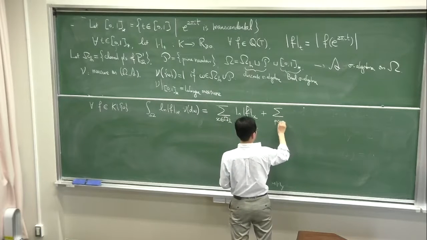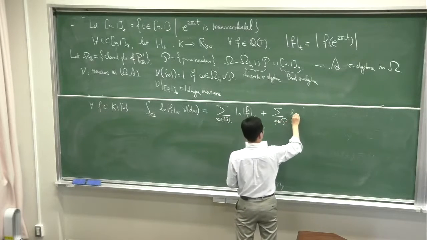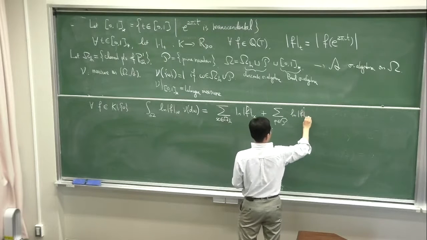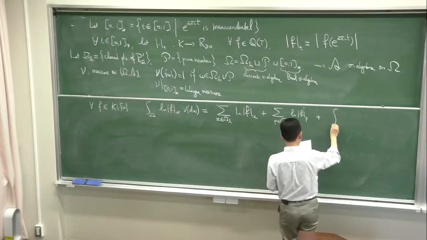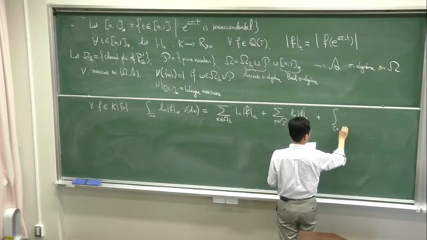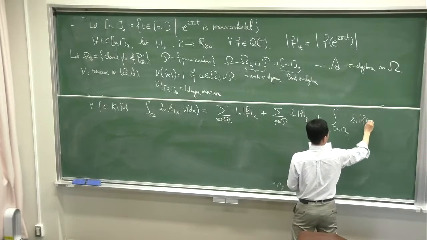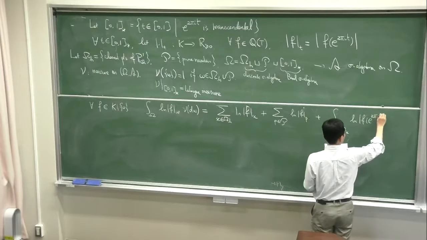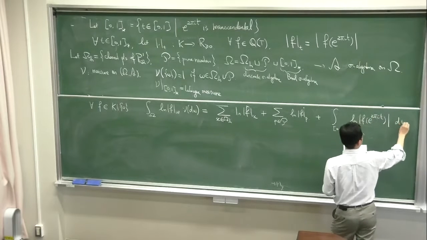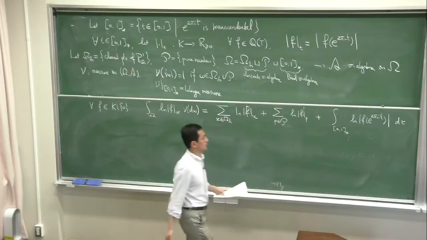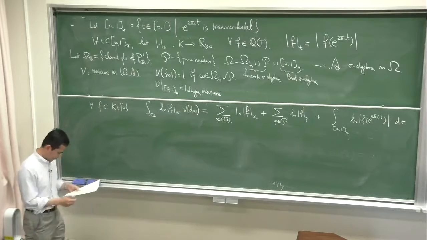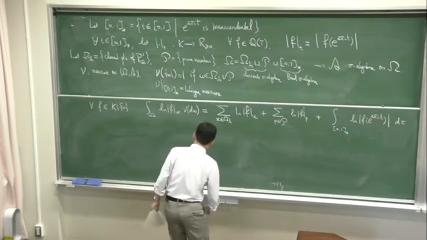And you have the sum over p inside P of log |f|_p. And finally, you have the integral over (0,1)* of log |f(e^(2 pi i t))| dt. So you consider the Lebesgue measure.